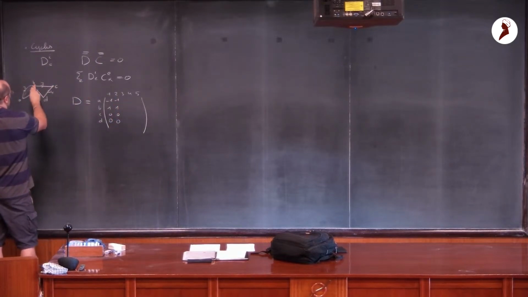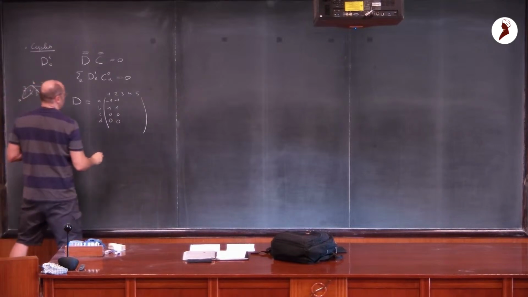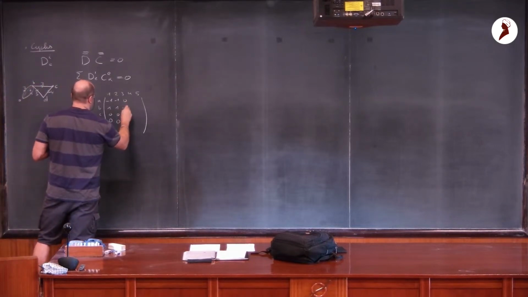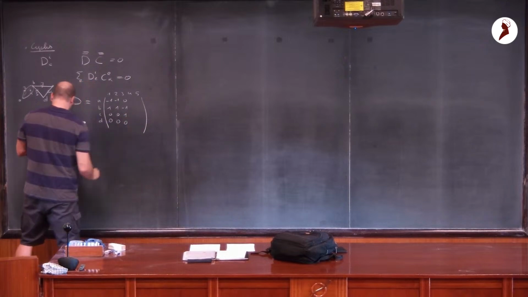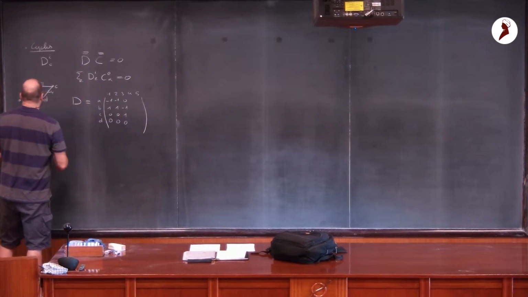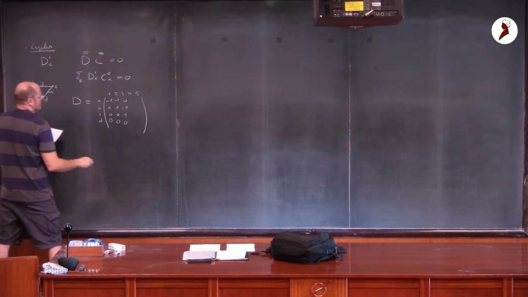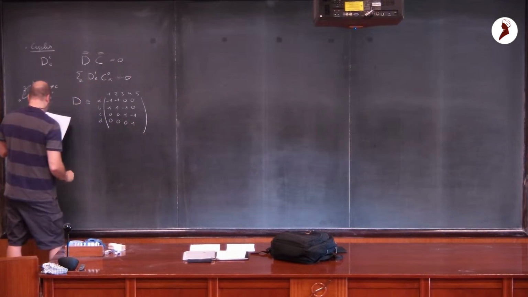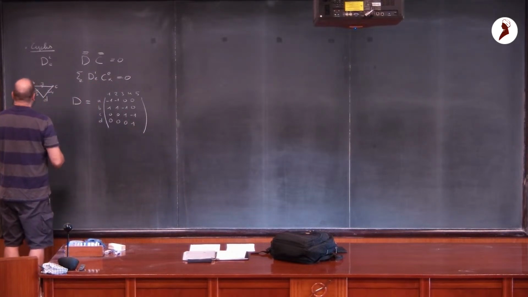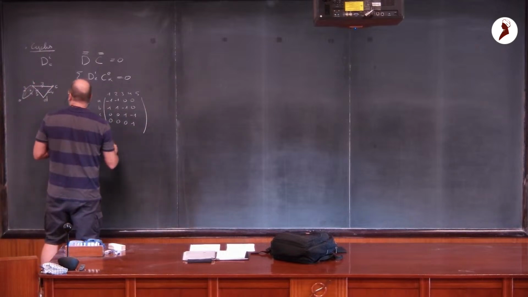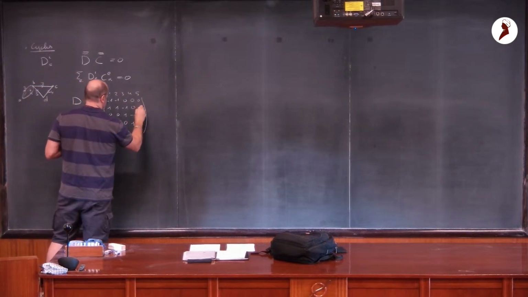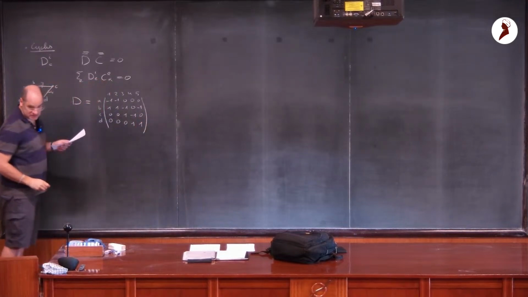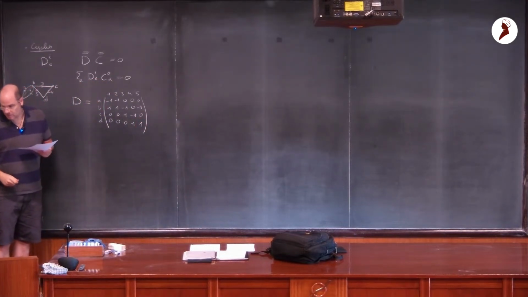Edge 3 leaves B and enters C. Edge 4 leaves C, enters D. And edge 5 leaves B, enters D. Okay, so this is the incidence matrix of that graph.